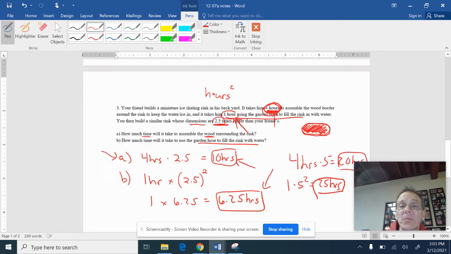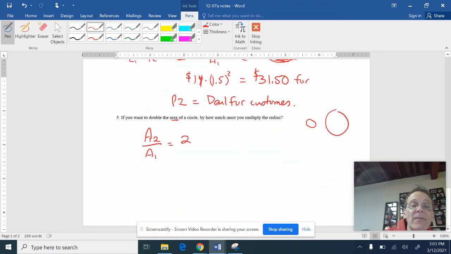So let's go back to this problem. We have the ratio of two areas. The ratio of areas is equal to the ratio of lengths squared. Or let's write it this way: 2 is equal to the ratio of the two lengths squared.